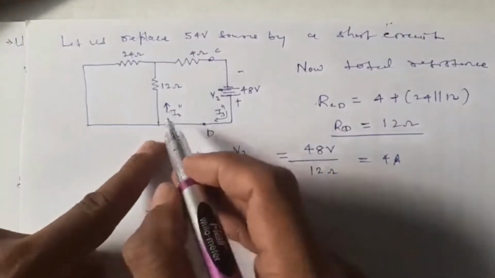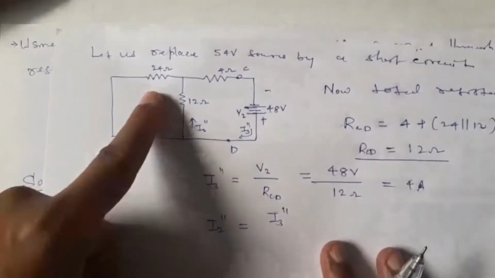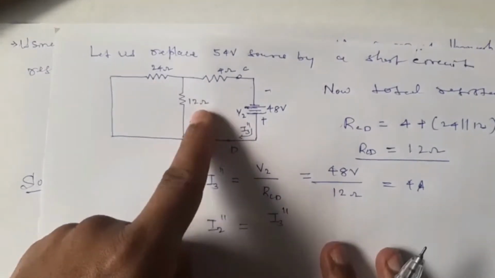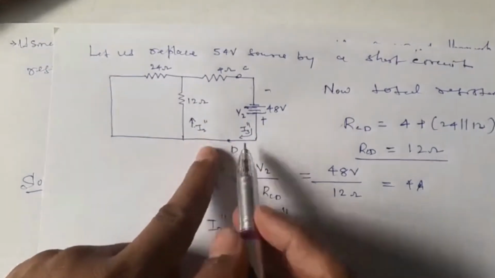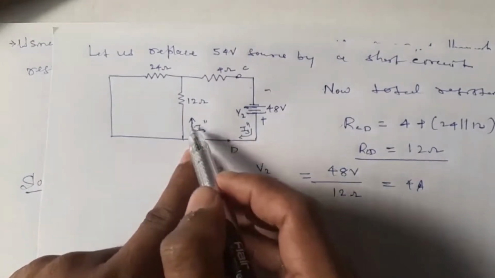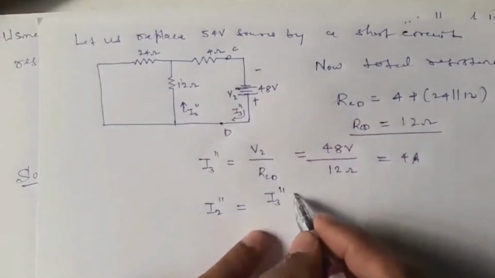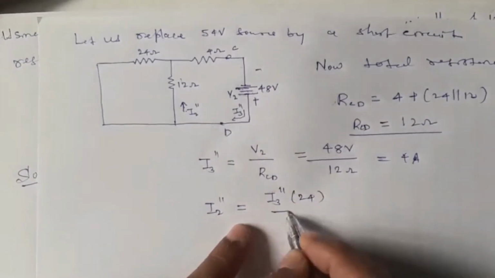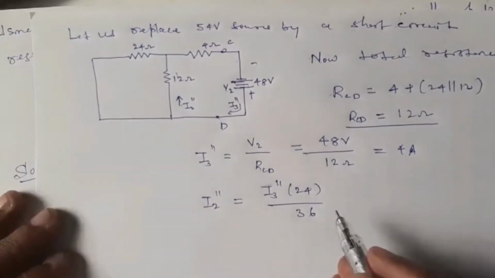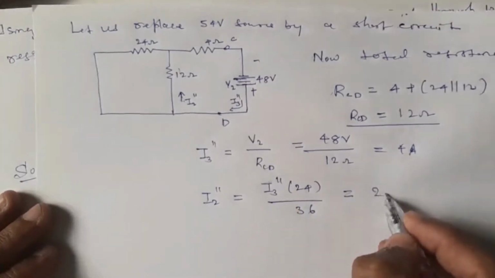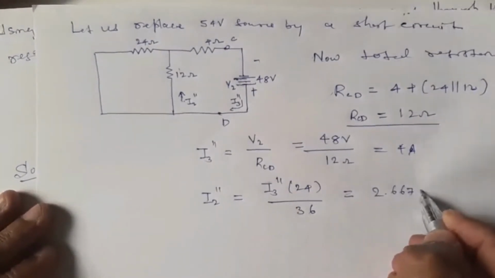Here you have 24 ohm, here you have 12 ohm. The I3 double dash will divide between 12 ohm and 24 ohm. So the other branch is 24 into 24 divided by 36, and if you calculate, you will get 2.667 ampere, right?